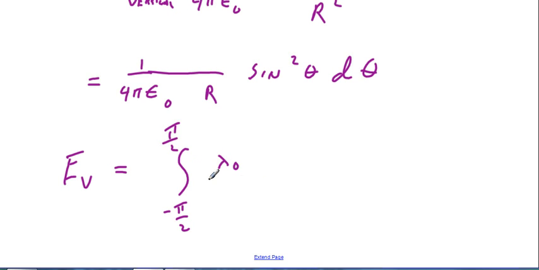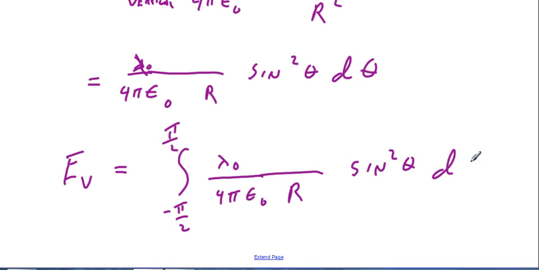Lambda naught, where did lambda naught go? Lambda naught, that's where it went. Lambda naught over 4 pi epsilon naught r sine squared theta d theta.